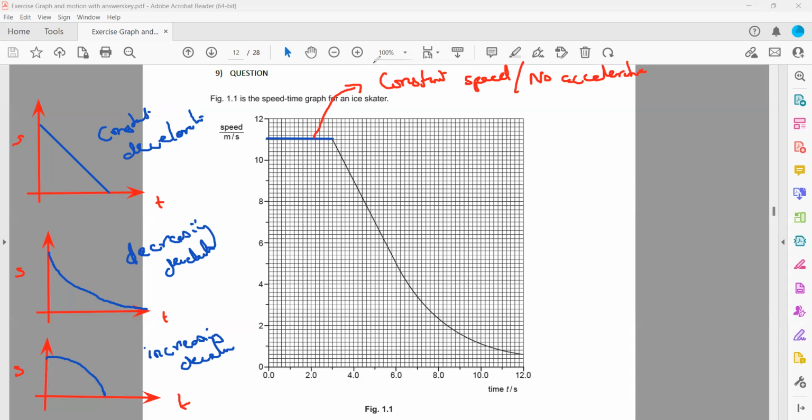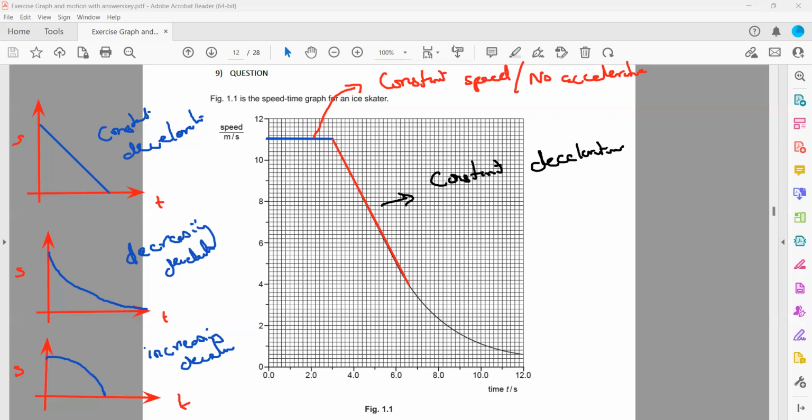If you see this part where it is approximately a straight line, till this point it looked like a straight line. What can you say about this object? Constant deceleration. So this part has a constant deceleration, speed is decreasing, but every time the same decrease in speed.